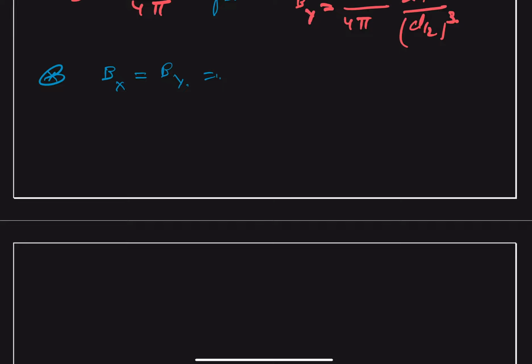So we say bx is perpendicular to by, and we can say the resultant will be the direction of the magnetic field.